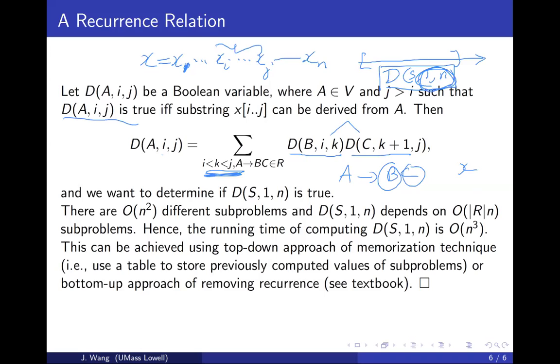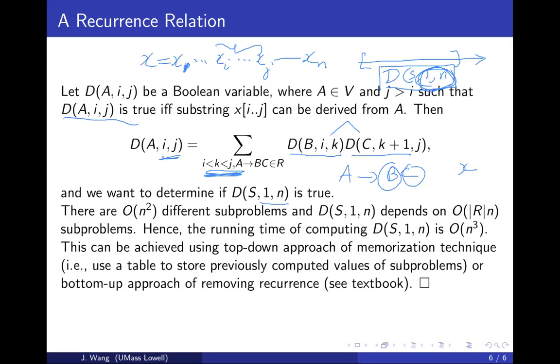I and j range from 1 to n, and the dependency is not 2. If you look at this i j, it depends on j minus i plus 1 many subproblems, and to begin with it is n minus 1 plus 1, which is n subproblems. So that's cubic time, because the dependency times the number of subproblems is n cubed.